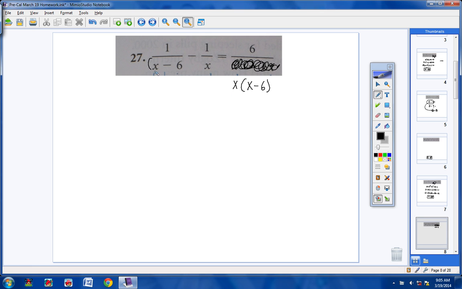I've got a binomial here, a monomial here, a monomial here, and a binomial here. Well, let's see. Here's one group of x minus 6, no group of x minus 6, one group of x minus 6. So the most that I have in one group is 1. I have a group of x here, none over here, 1 here. The most I have is 1. So there's my common denominator, just like that.